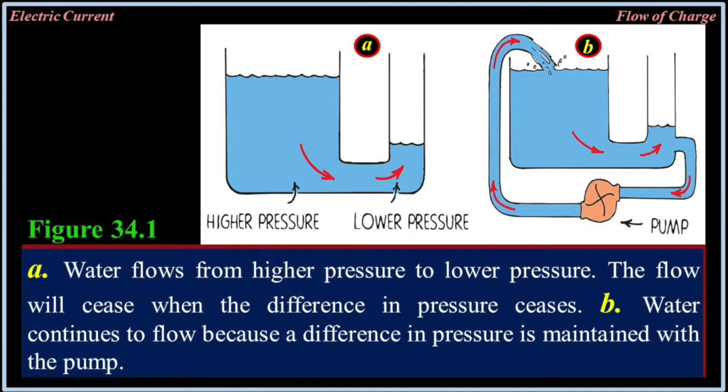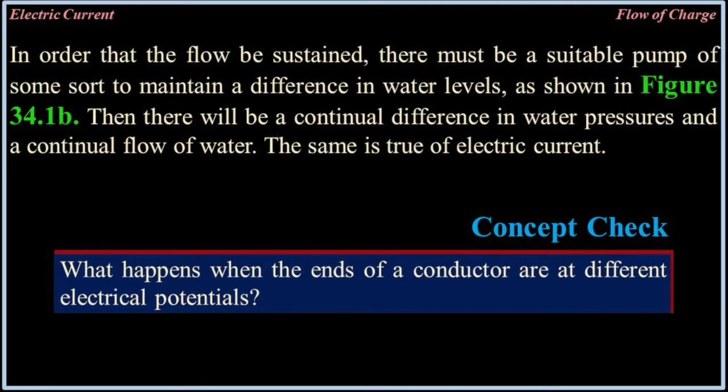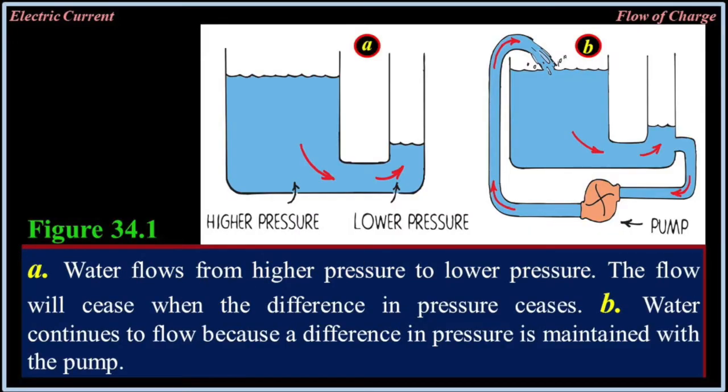Note: electrons in the wire are like water in a pipe. Whenever a little water enters one end, almost immediately the same amount of water exits the other end. In order that the flow be sustained, there must be a suitable pump of some sort to maintain a difference in water levels, as shown in figure 34.1b.